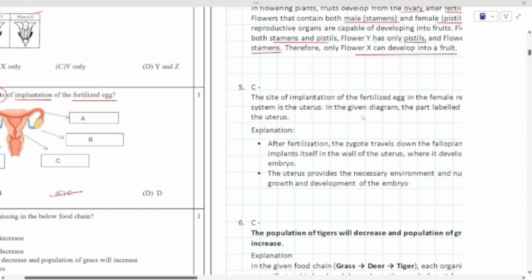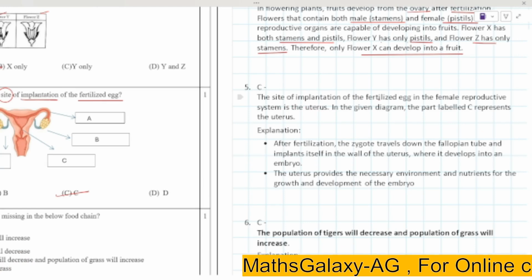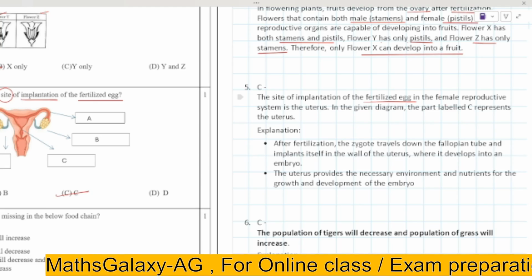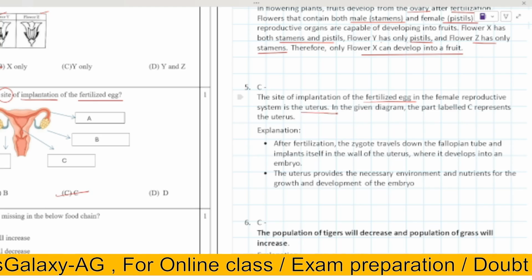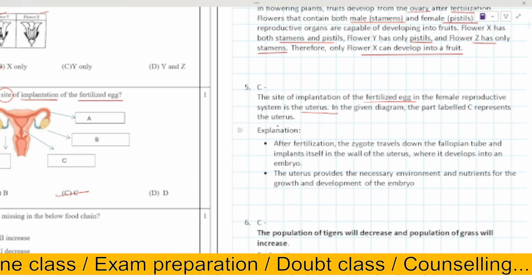So as it says, the site C, the site of implantation of the fertilized egg. In the female reproductive system, it is the uterus, right? In the given diagram, the part labeled C represents the uterus.